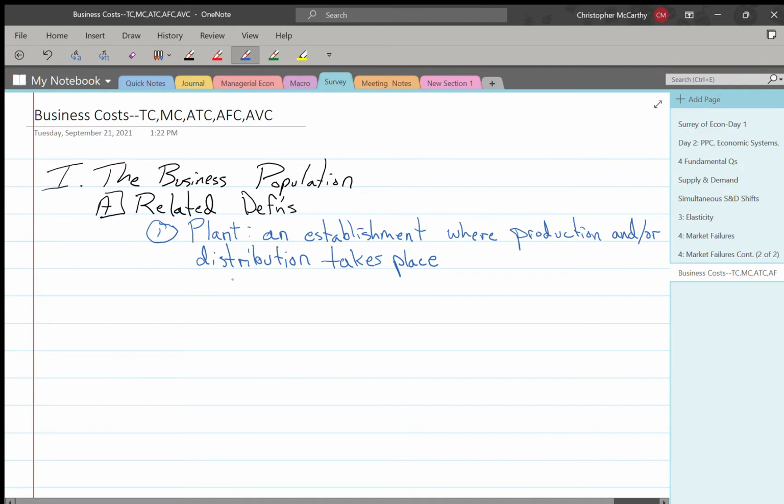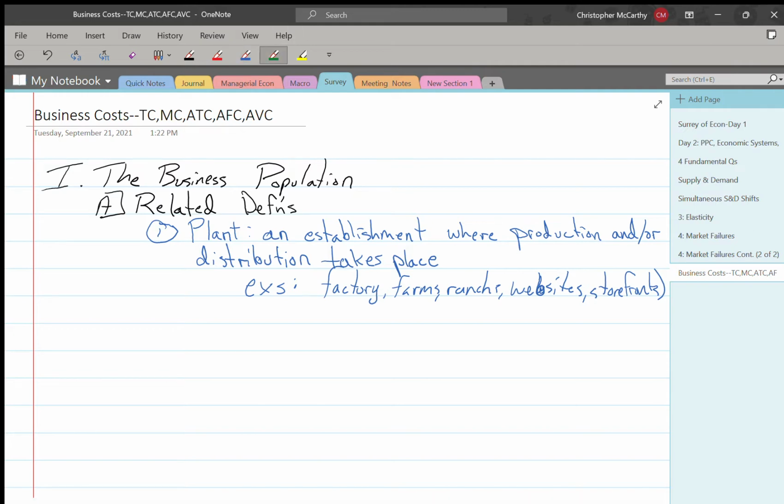So these would be examples of these would be factories, farms, ranches, websites, and storefronts. So that's a plant. That's the physical entity. So the physical establishment, rather.